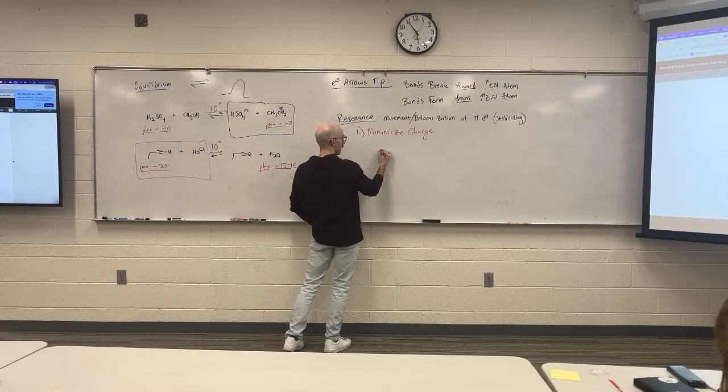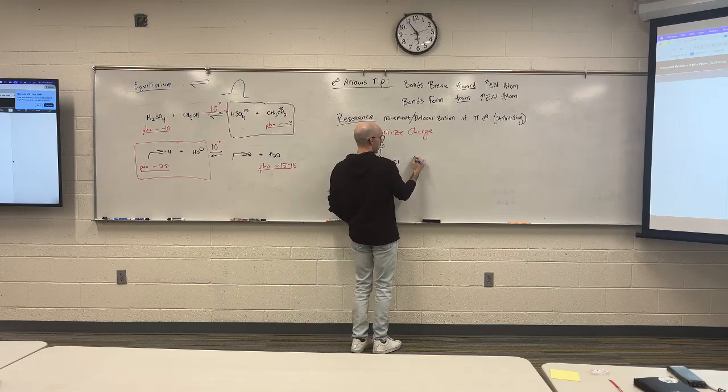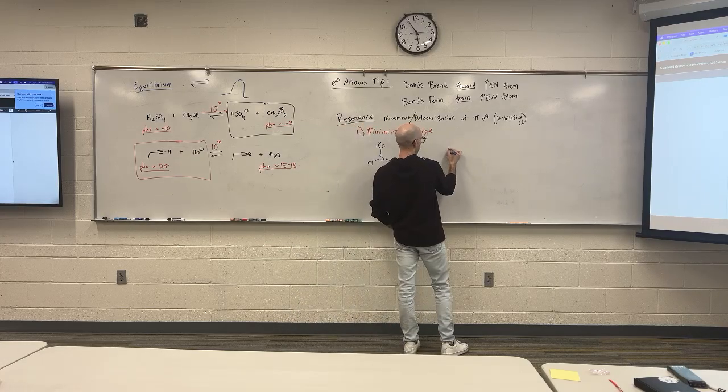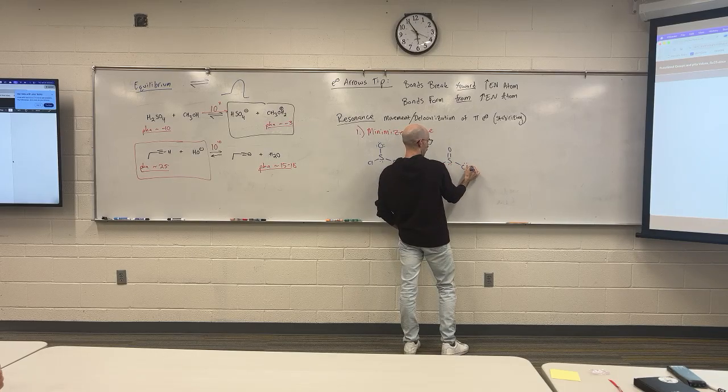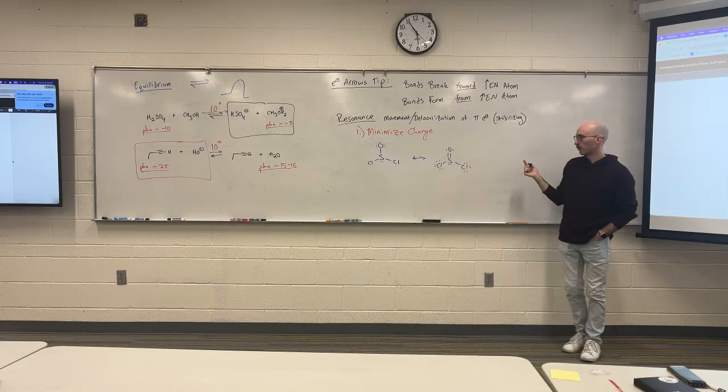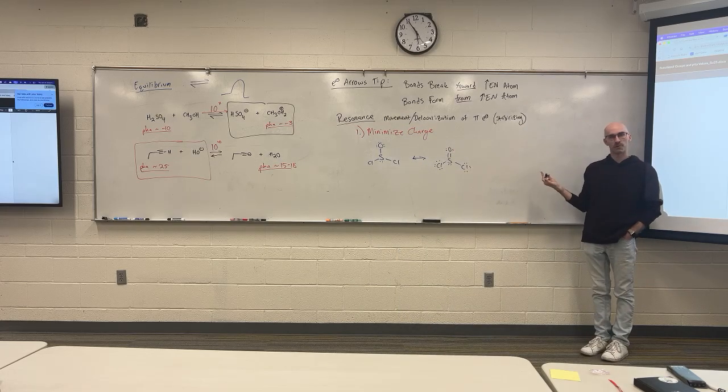So I think some of you guys in my OChem 1 class were asking me why thionyl chloride, which we looked at last week, has this resonance form on the right as its preferred resonance form, rather than the resonance form on the left.